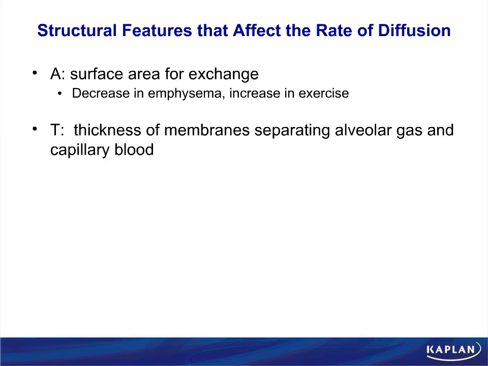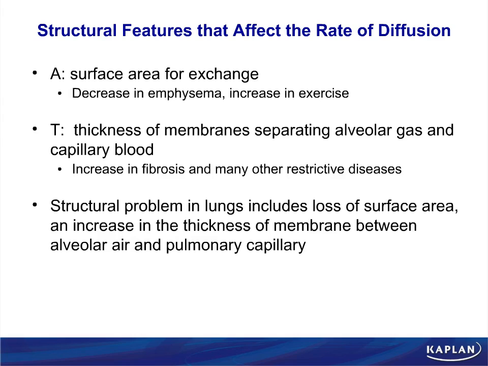Next factor is the thickness of the membrane. And again, this is the membrane, or the total aspect related to separating the alveolar gas from the capillary blood. If the thickness goes up, then diffusion goes down, and this increases in fibrosis and the other restrictive diseases like sarcoidosis, asbestosis, silicosis.